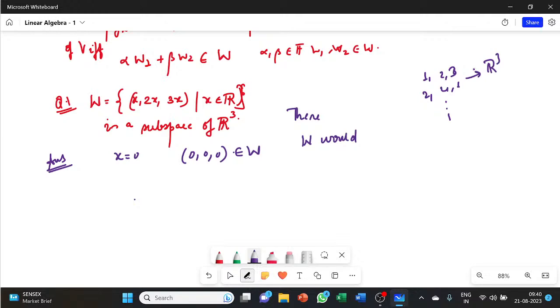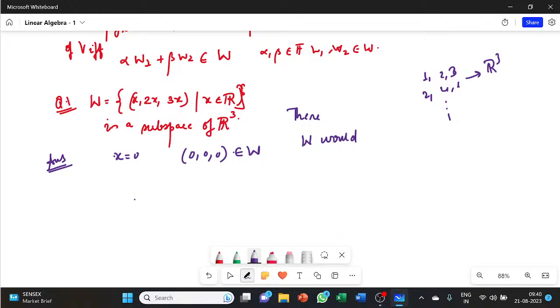Now if you take x equal to 0, what are you going to get? You're going to get (0, 0, 0), and (0, 0, 0) would indeed belong to W. If it belongs to W, then does it not say that your W is a non-empty subset?